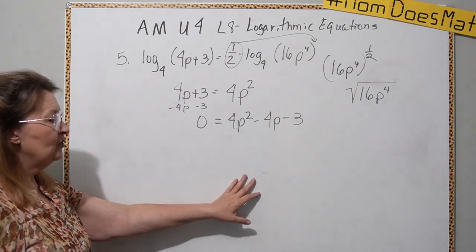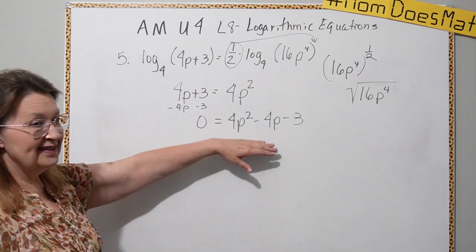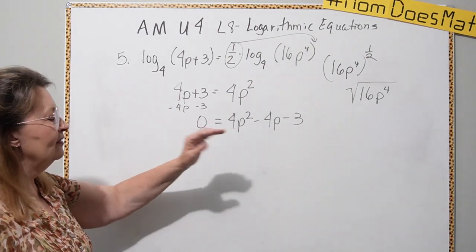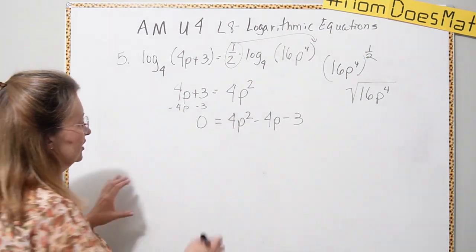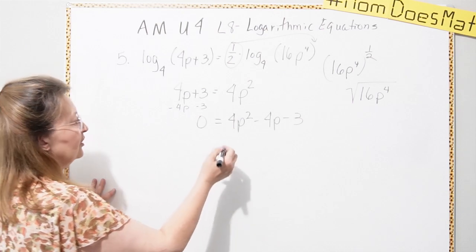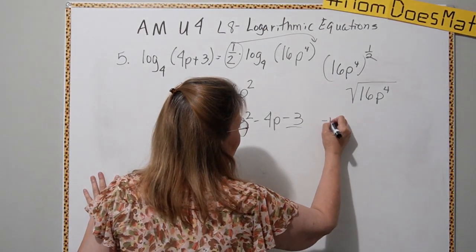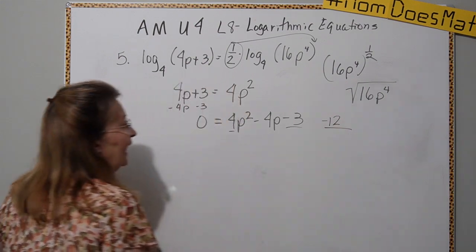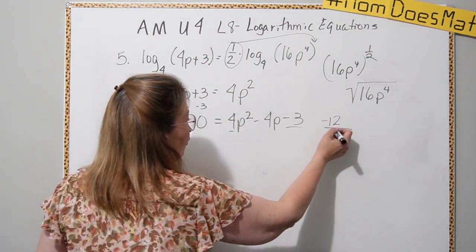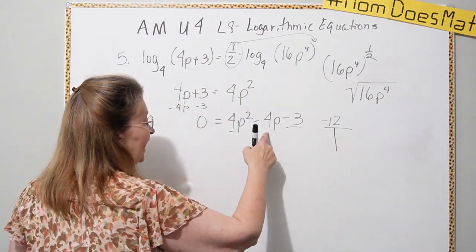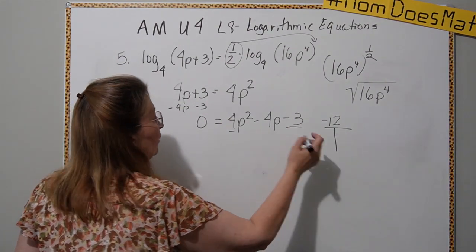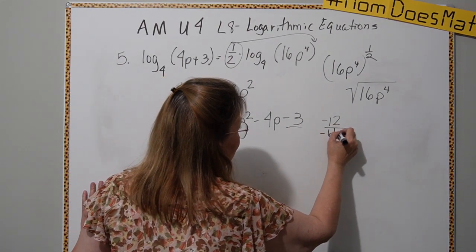And to solve the equation, we are going to use the AC method on this one. Do y'all remember that? So since I have a coefficient in front of here, what I'm going to do is multiply A times C. 4 times negative 3 is negative 12. And now I need a pair of numbers that multiply to give me negative 12, but add up to give me negative 4. Well, that's going to be negative 6, positive 2.